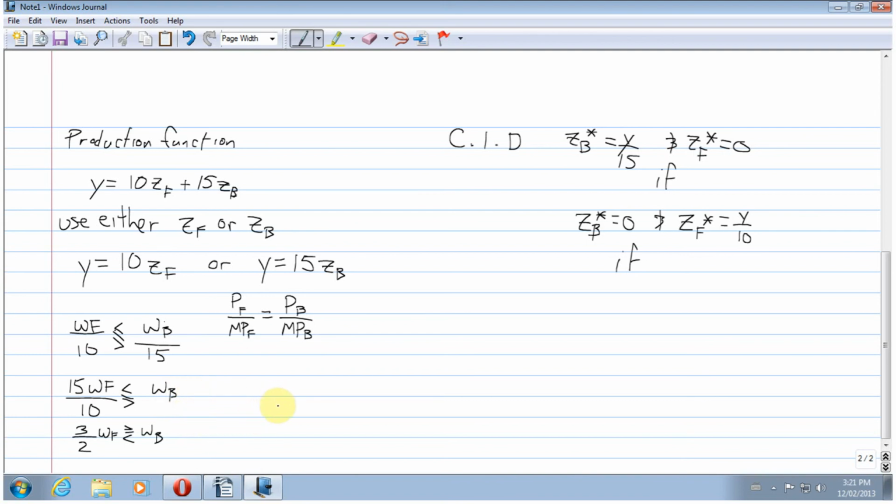That means that if 3 over 2 WF is less than WB, this is the ratio of the marginal costs, then use only Fred. And we can plug that in where we have the positive ZF.